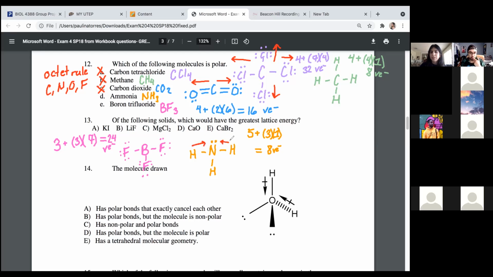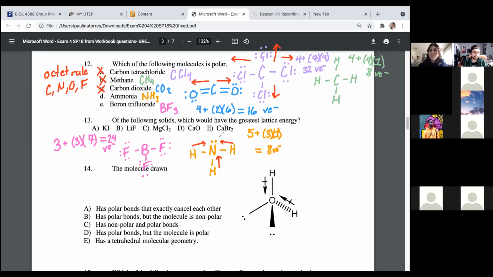So they're going to be pulling this way towards nitrogen. I know he said that some of the geometry questions are going to be extra credit, but if you look at the nitrogen of ammonia, it's going to kind of look like a pyramid, right? It's going to have those 3 H's on the bottom and the nitrogen and then that lone pair on top.